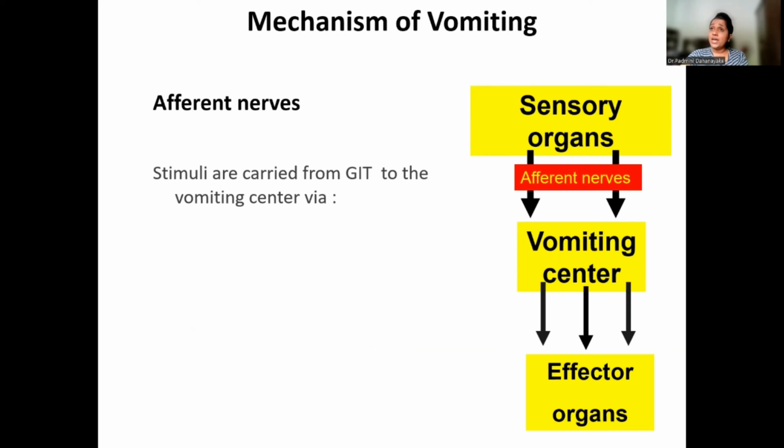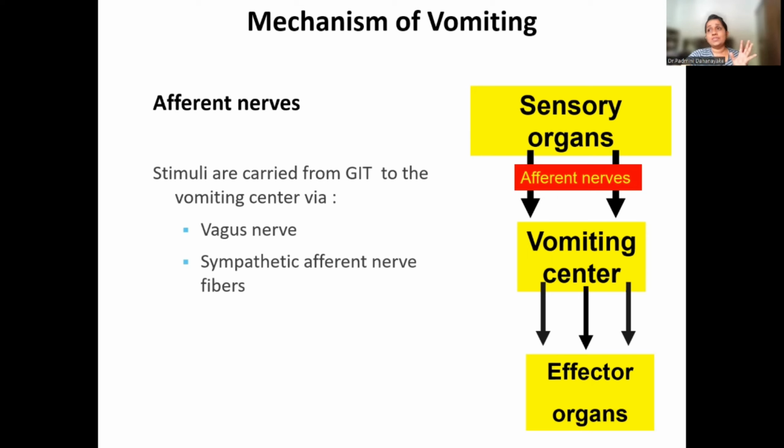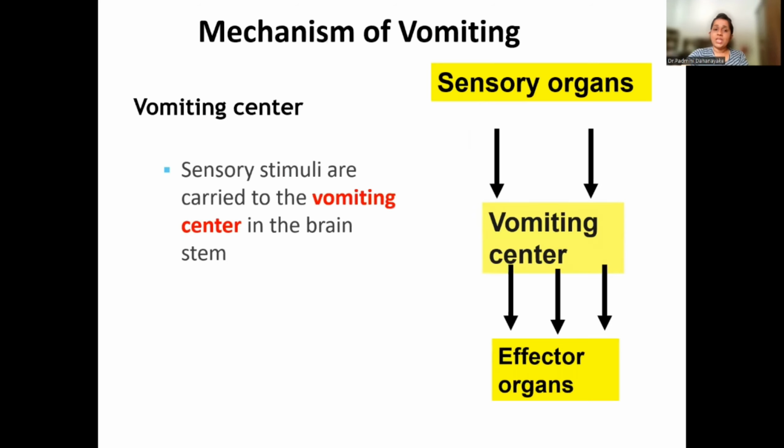I'm mainly talking about the GI tract stimuli. They will be sent via the vagus nerve and sympathetic afferent nerve fibers. So these are the major pathways which will take signals from the GI related stimuli to our vomiting center. That is the vagus nerve as well as the sympathetic afferent nerve fibers.